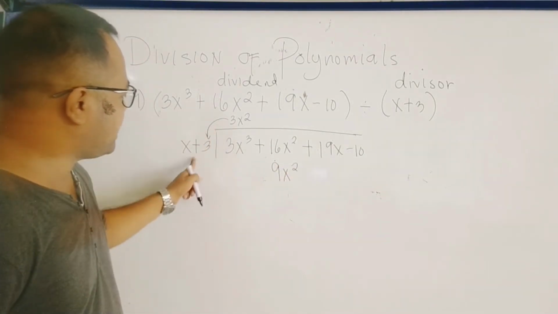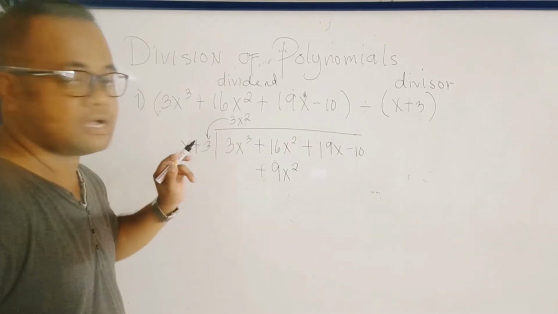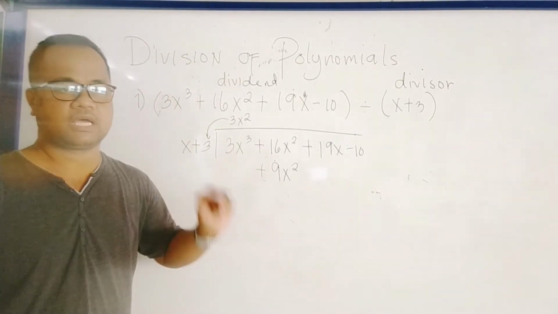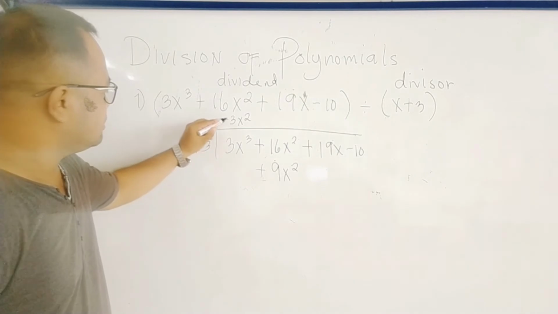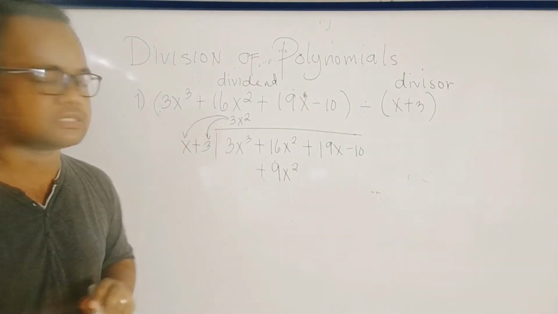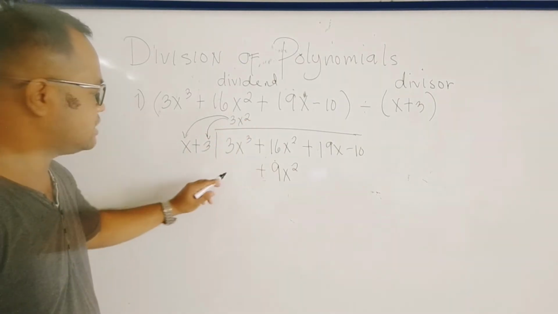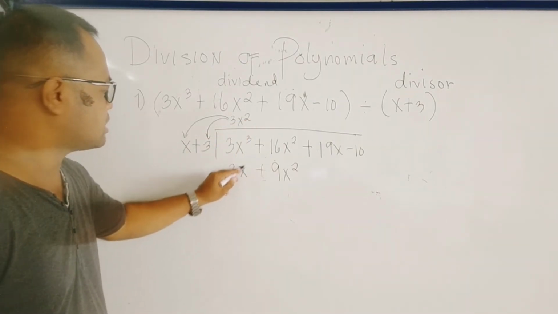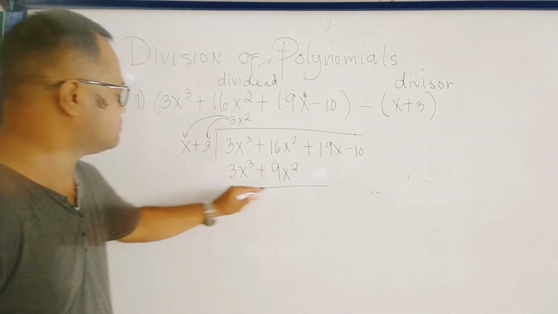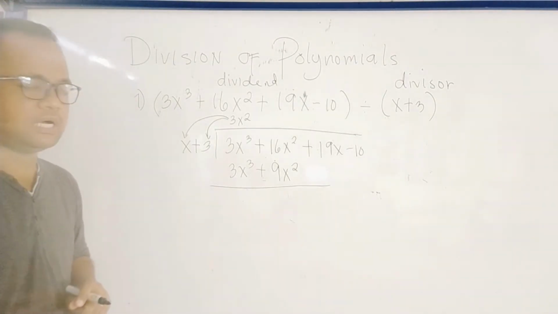The sign is positive because positive times positive is positive. Next, multiply this quotient to the first term of the divisor. So 3x squared times x is 3x cubed.